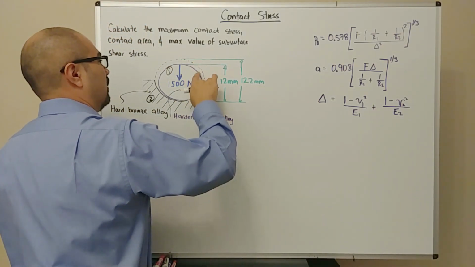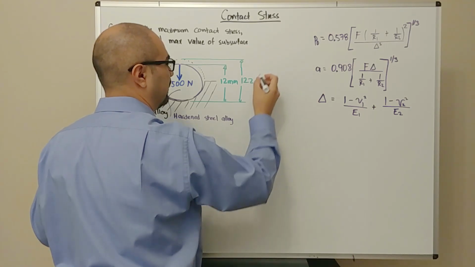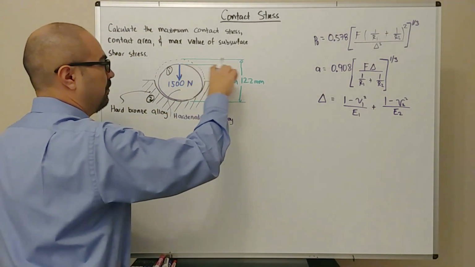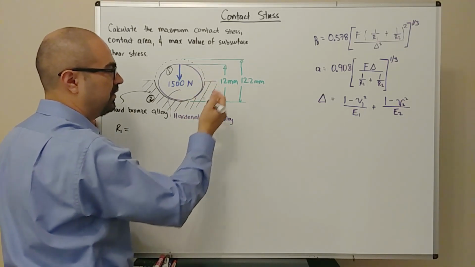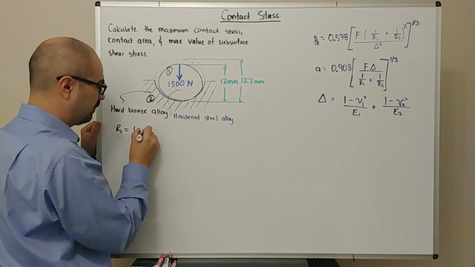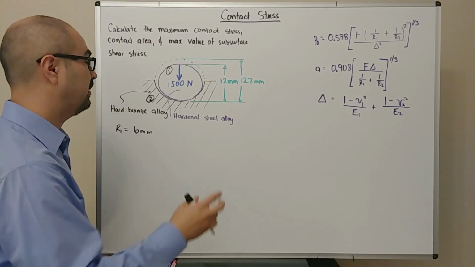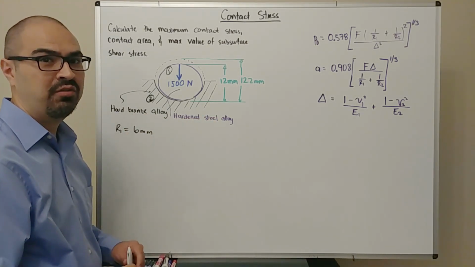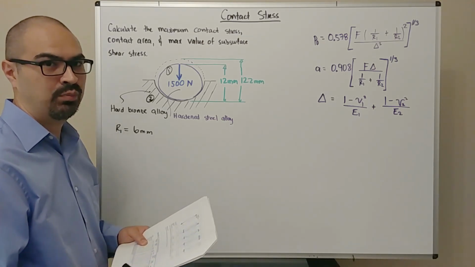So in regards to the steel ball, what is going to be our radius? Let's put it over here. From this figure, they give us the diameter, but we need to use the radius. The radius is nothing but the diameter divided by 2. So in this case, it's going to be 6 millimeters. Now the problem statement doesn't give us any material properties for the steel alloy or the hard bronze, but we can quickly figure those out by looking them up in material properties tables.